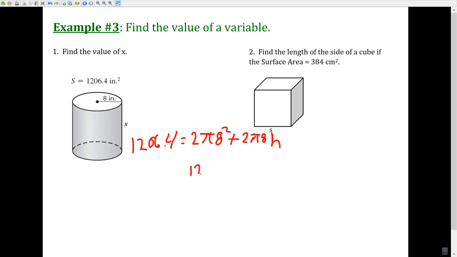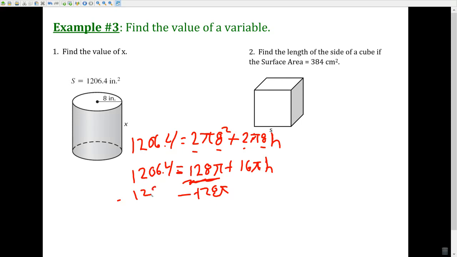I got, first I'll do the exponent there, 128 pi plus 16 pi h, right? Because I'm just multiplying these numbers out, equals 1,206.4. Well, now I'm going to subtract the 128 pi from both sides, which sounds kind of weird.